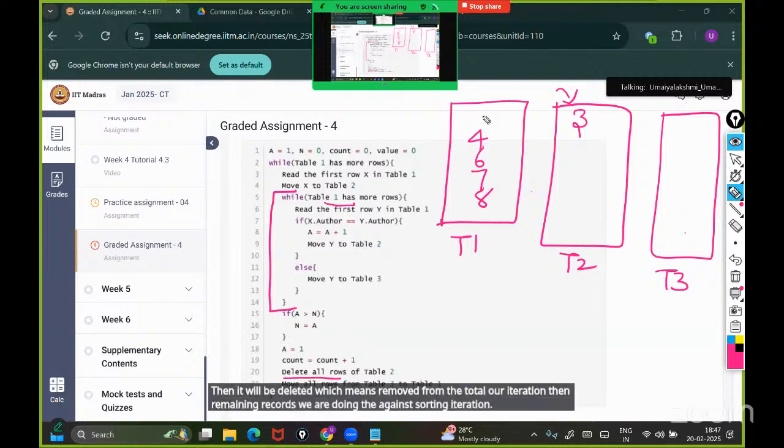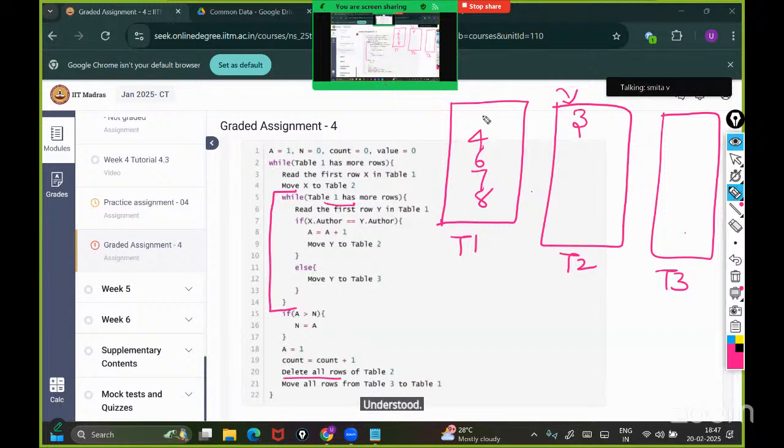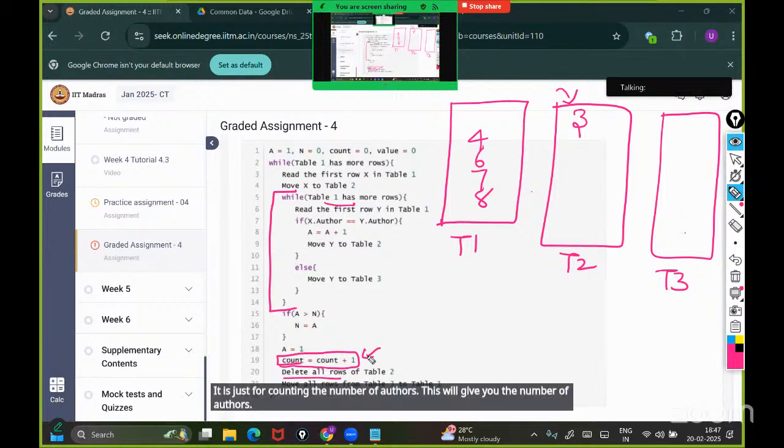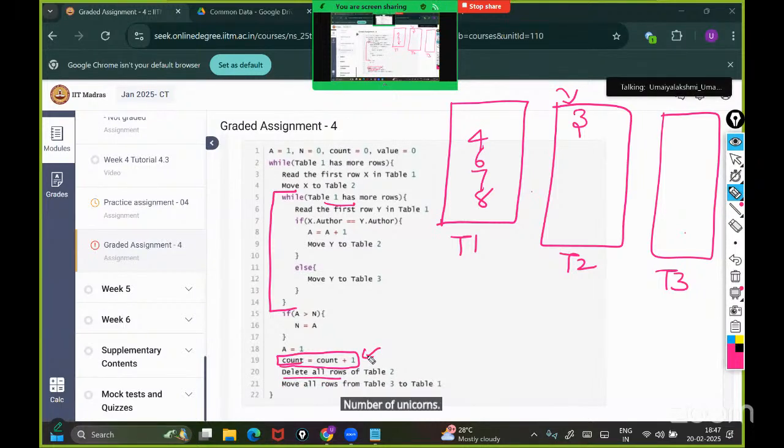Understood. Ma'am, can you explain count? Count equals count plus one. It is just for counting lines. This will give you the number of unique authors. I think it will give the table 1 initializing number. We have just count equal to 0.